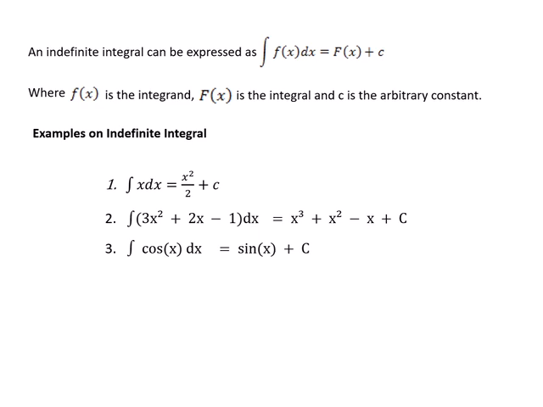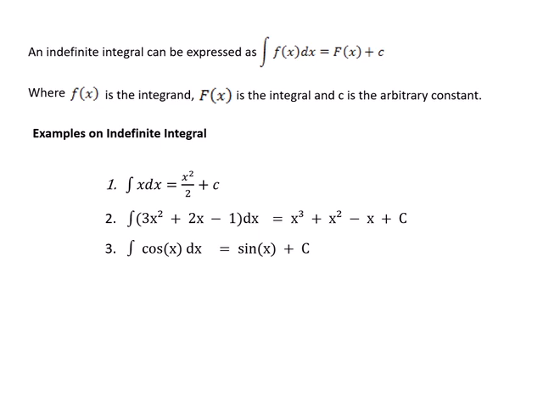Then we move to number two. We are to integrate 3s squared plus 2s minus 1 dx, which is equal to s raised to power 3 plus s squared minus s plus c. So if you want to integrate 3s squared, you know the power of s there is 2. Then you add 1 to it, making 3s raised to power 3 divided by that power.